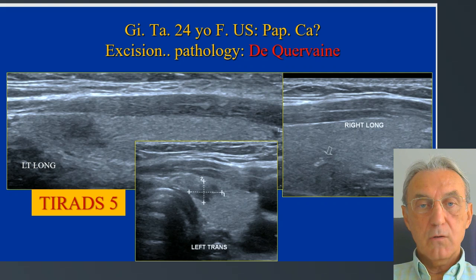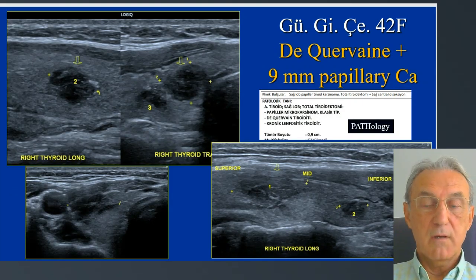This is also a young woman with suspicion of papillary cancer, but it turned out to be de Quervain on the final pathology. It's not a typical de Quervain. The nodule is small and suspicious.